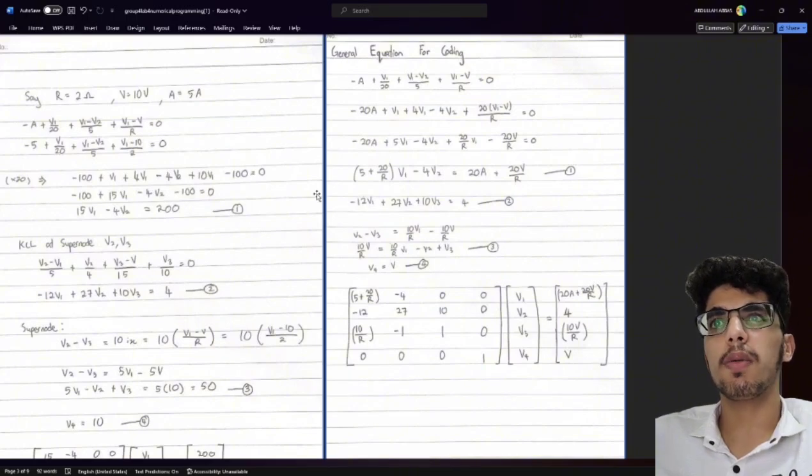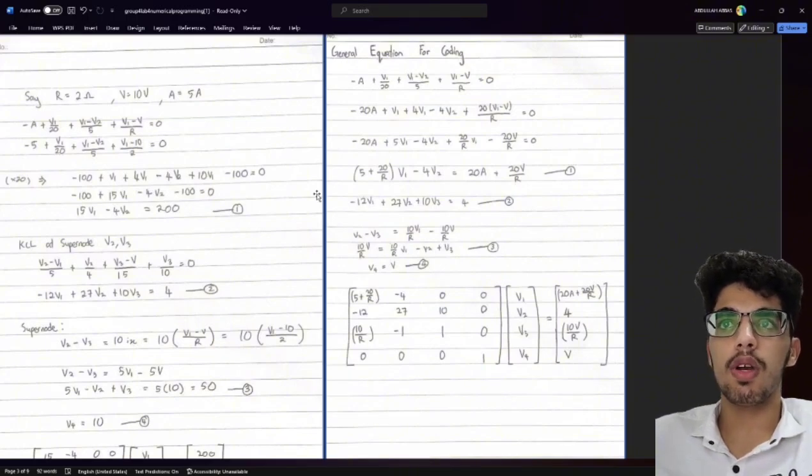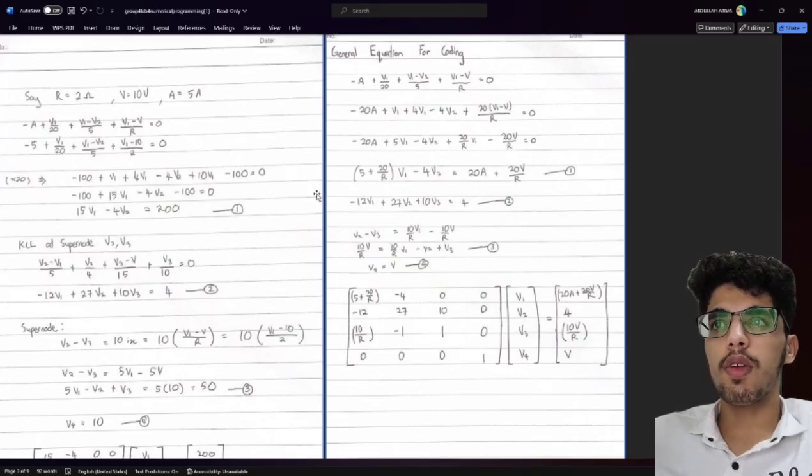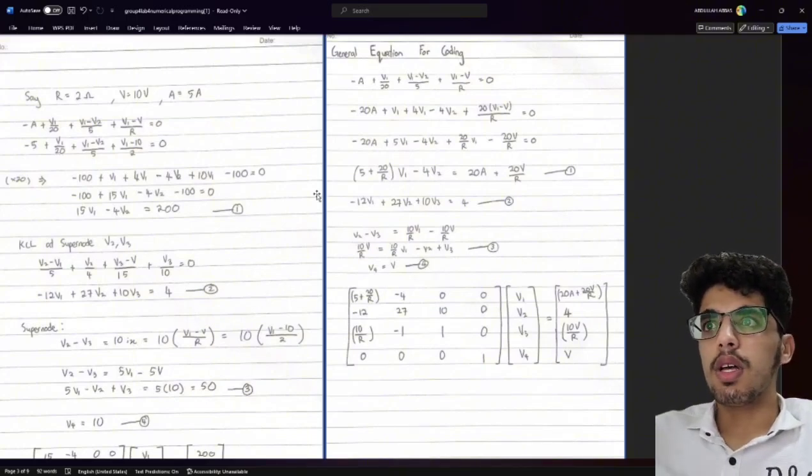This is equation number 3, which is 10 over R V. It's equal 10 over R V1 minus V2 plus V3. V4 is V.